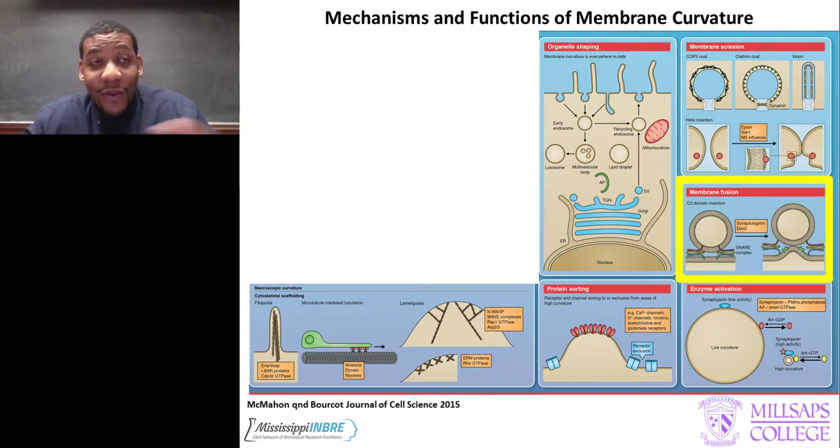We can also have the fusion of two membranes, and this is one of the processes we're going to focus on in this talk. We can have the fusion of two membranes during exocytosis, or the secretion of vesicles from eukaryotic cells. Or we can even have two whole cells fused, and that's the topic I want to unpack in the first part of this lecture.